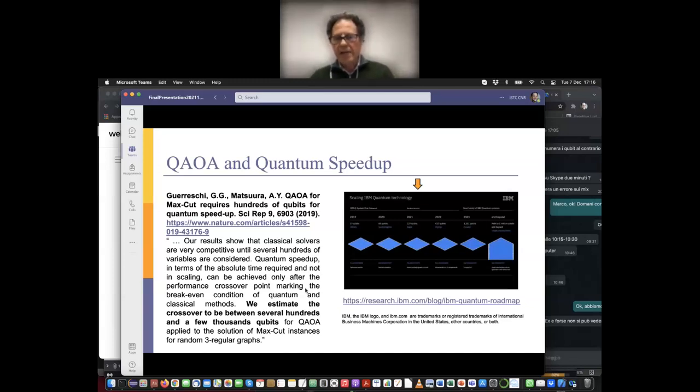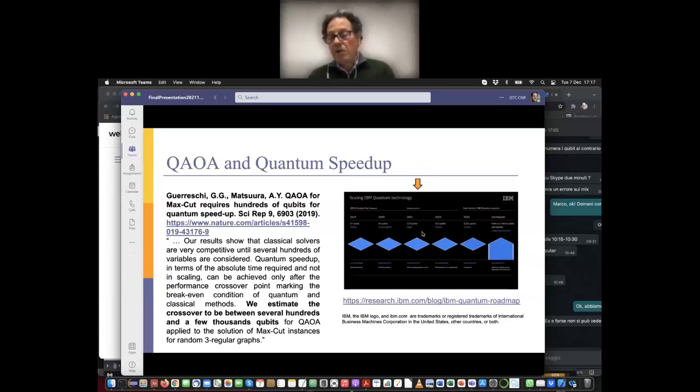Here, on the right, you see for example the IBM quantum roadmap. Now, as you may know, a month ago IBM proposed a 127-qubit processor.